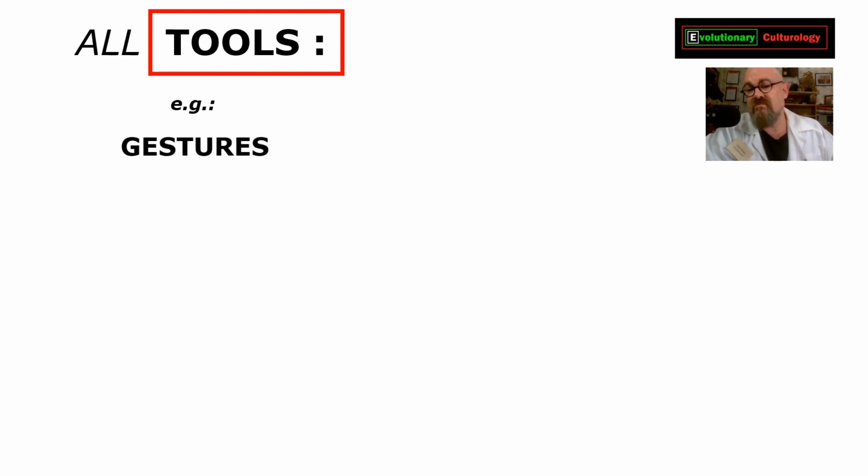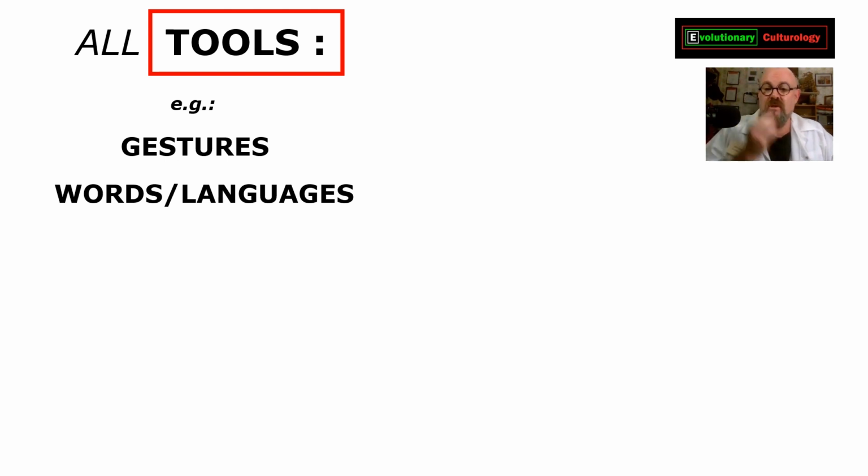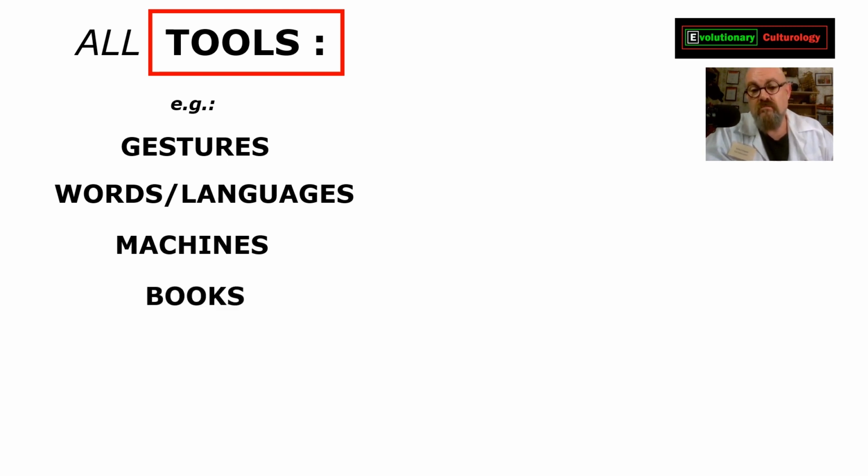So all tools, units of culture, include gestures, pointing, for example, words and languages, like I'm speaking right now, machines, like you're probably watching this on, books, films, songs. These are all tools for solving problems or achieving goals, whether it be a communication goal of a message somebody wants to communicate, or whether somebody wants to be entertained. These are all problems or aims or goals that can be solved using these tools, these units of culture.